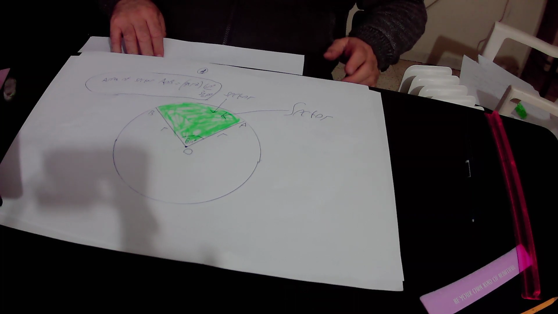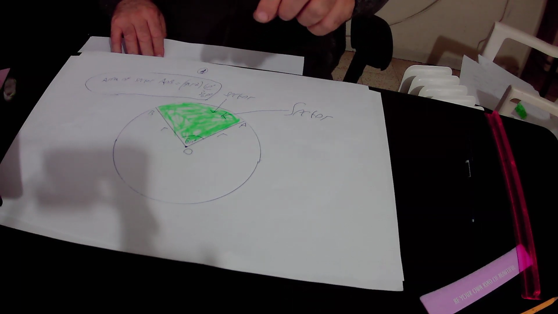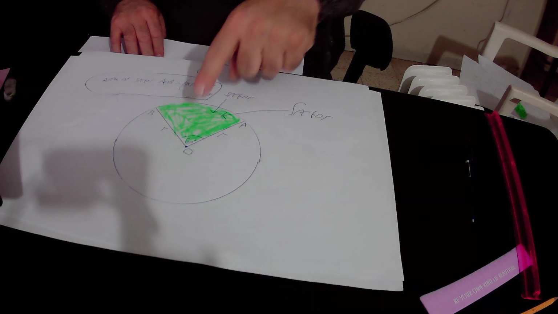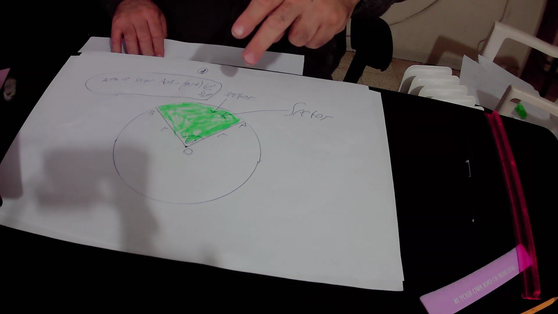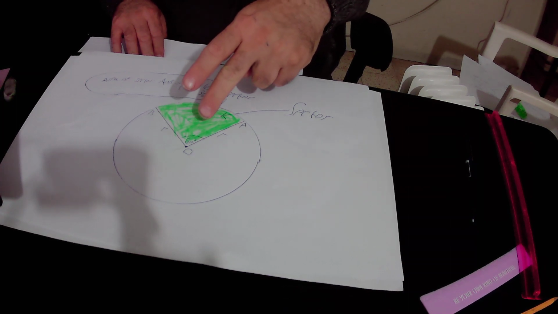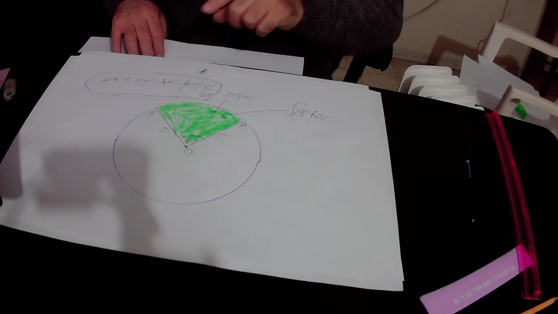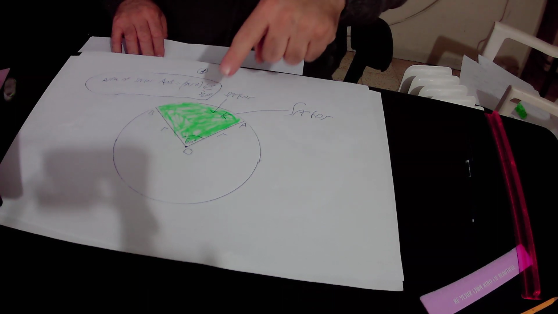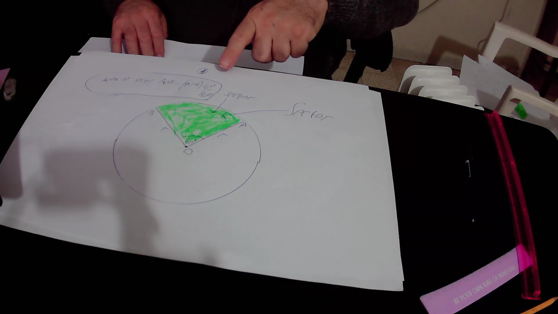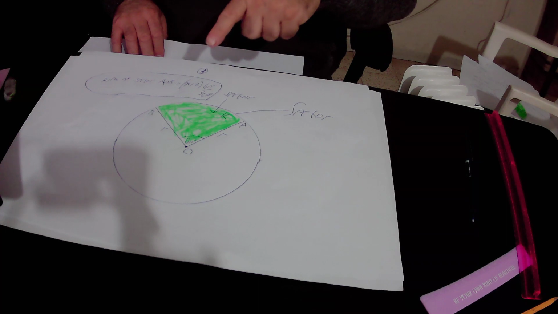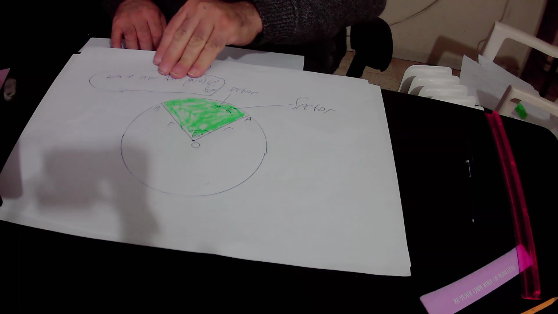I put 60 degrees here for our specific example. So the area of sector AOB equals pi r squared times the angle between those two radii over 360 degrees. In this specific case, it equals pi r squared times 60 degrees over 360 degrees, where r is the radius of this circle. So this is the definition of a sector.